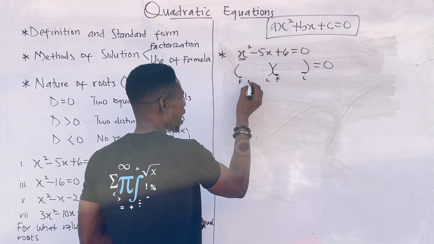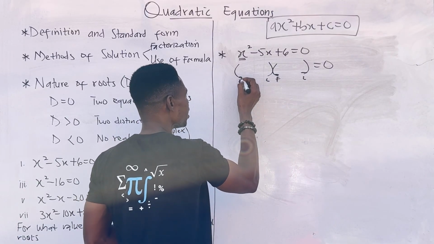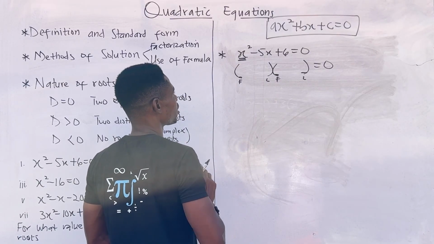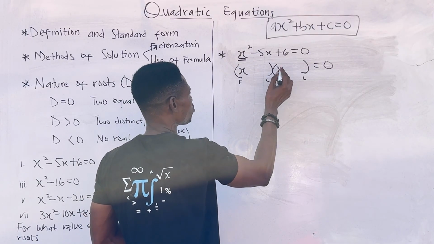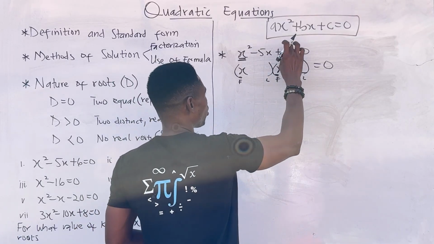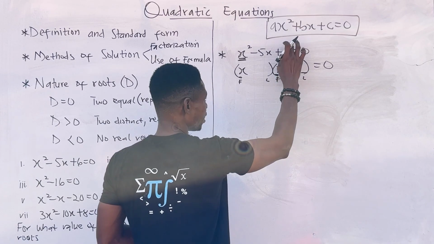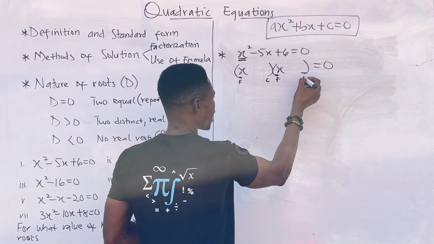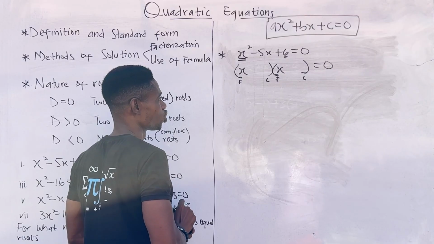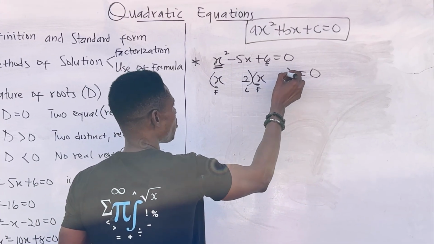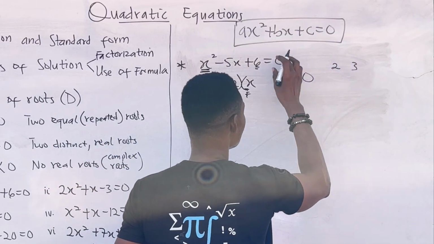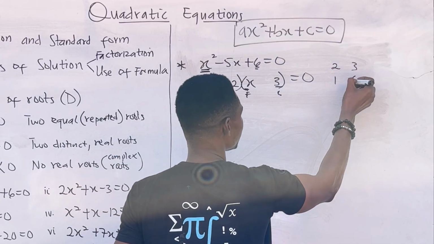Now the first and this first, if you multiply first and first, it will give you this first term. So which is obviously x and x. If you multiply x and x, you have x squared, right? Now for this last term now, the 6. If you multiply last and last, you get this last. So you can say 2 multiplied by 3 is 6. So 2 and 3 will give you 6. 1 and 6 will give you 6.